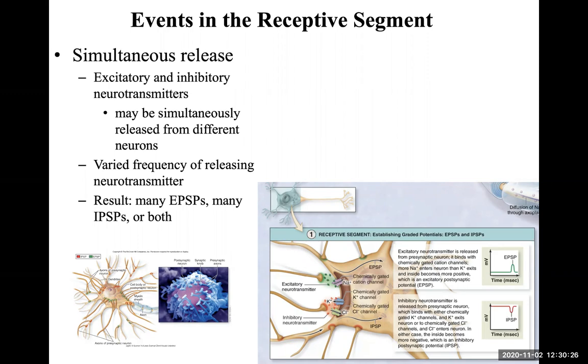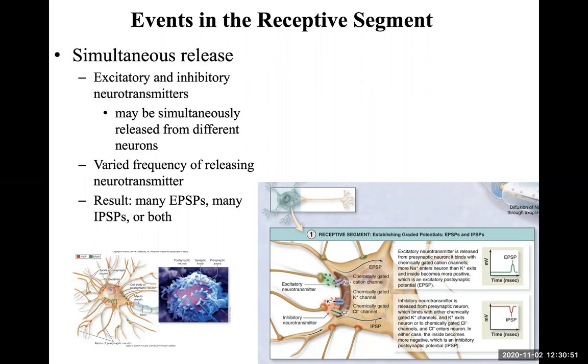These EPSPs and IPSPs are being generated simultaneously because this one neuron is often synapsing with many different presynaptic neurons, right? So you can have, let's say, 10 different presynaptic neurons whose synaptic terminals are synapsing with the dendrites of this one particular neuron.